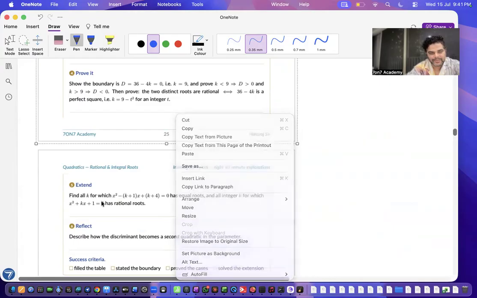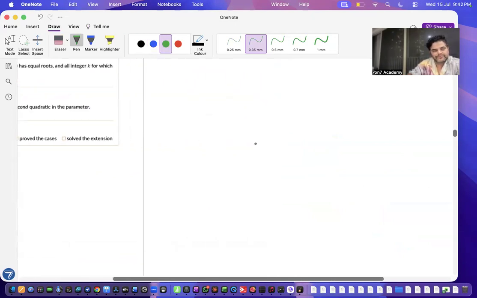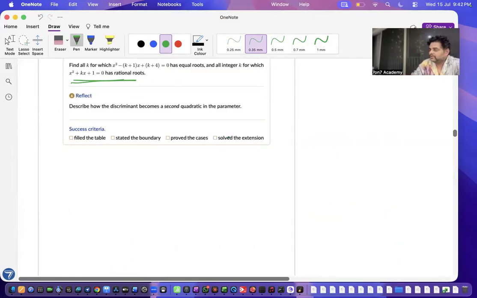What I did was try a question, so let's do this question. Find the values of k such that it has equal roots, and all integer k such that it has rational roots. Tell me how we'll do this. If you want a rational root, only one constraint: b square minus 4ac has to be an integral value, a perfect square.